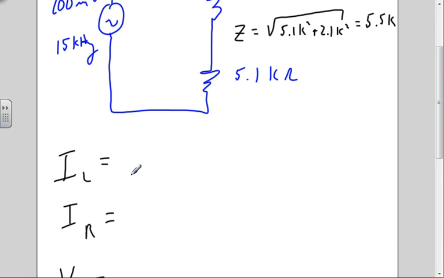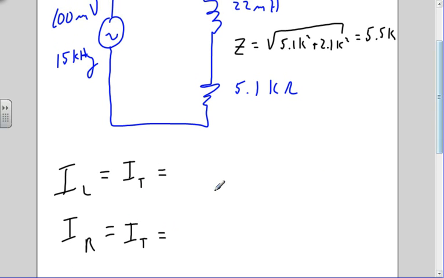Okay, now the total current should be the same for both of these, right? One would come to that conclusion maybe. So we're going to do that, which is going to be voltage, 100 millivolts, divided by 5.5K.